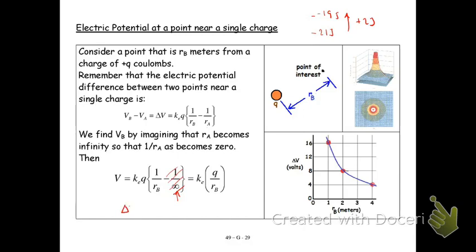So my delta V is equal to KEQ, 1 over R final minus 1 over R initial. And my V is equal to KEQ, 1 over R. So it's really nice. If you know one, you know the other.